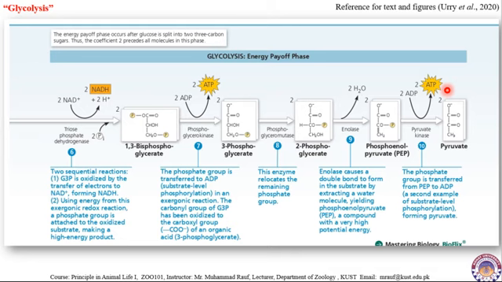So the net ATP production from glycolysis is 2 ATPs. 4 ATPs is the gross production, and if you subtract the 2 ATPs that were used in the first few steps, then the net production is 2 molecules of ATP, 2 molecules of water, 2 molecules of NADH, and most importantly 2 molecules of pyruvic acid or pyruvate.